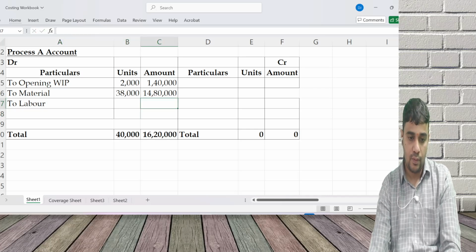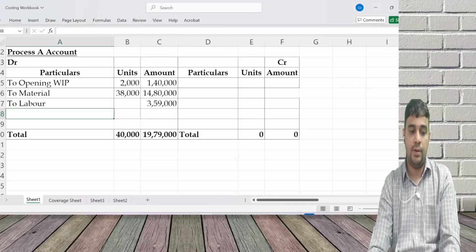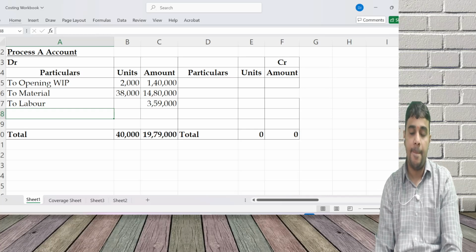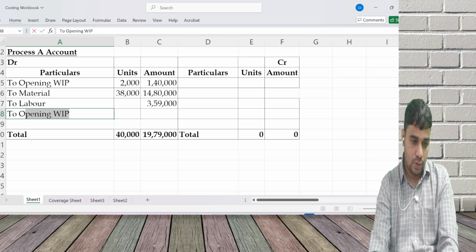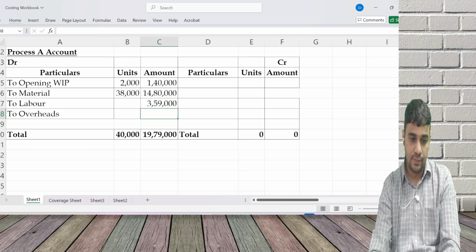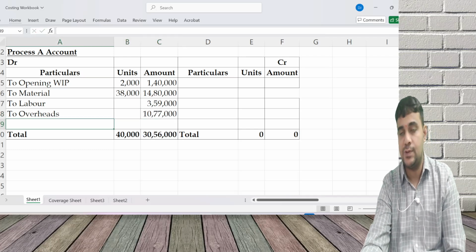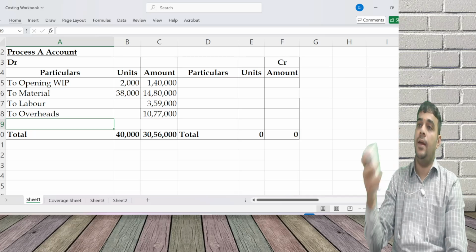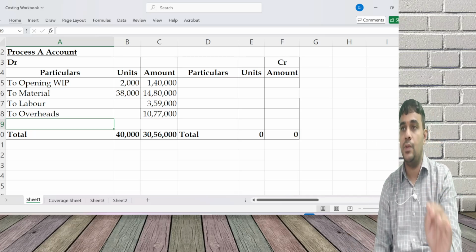Labor. Only the value. Labor 359. Overheads. Any other expense you see in the question? No. I'll come back to this in some time again.